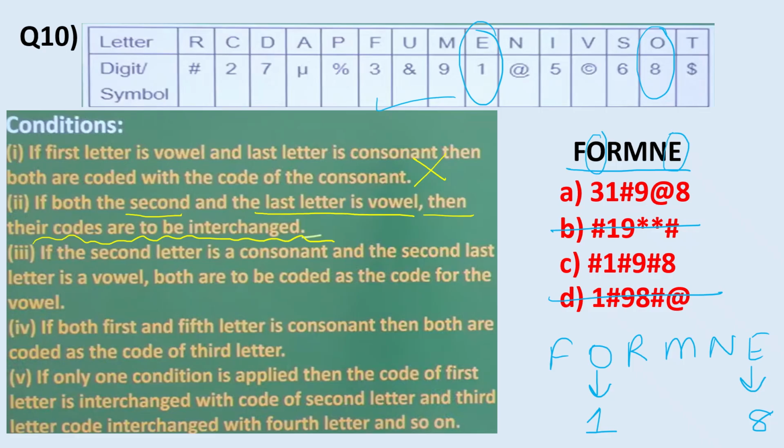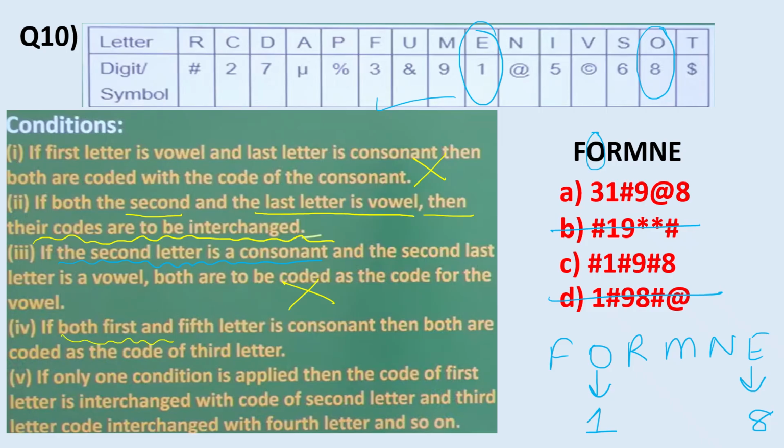Let's go to the next condition now. If the second letter is a consonant, is the second letter O a consonant? No. So the third condition is not applied. Let's go to the fourth condition.